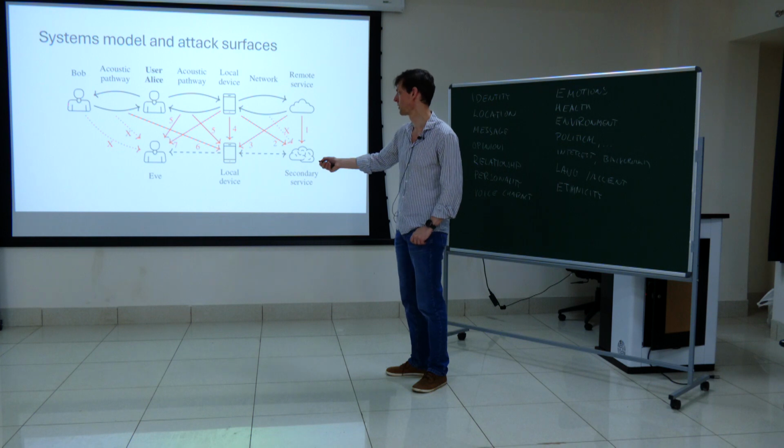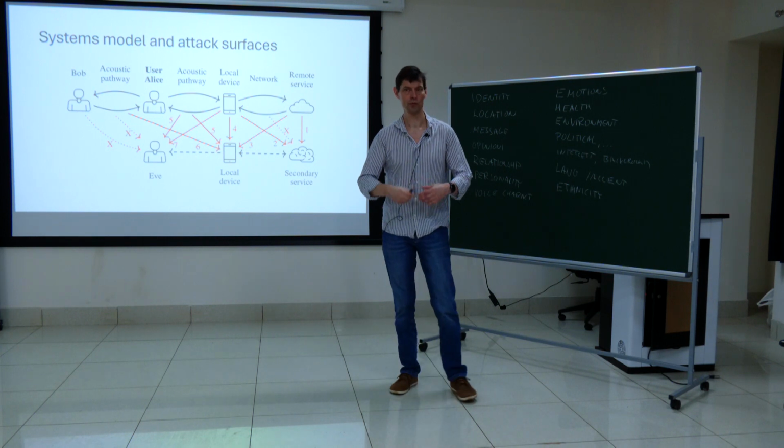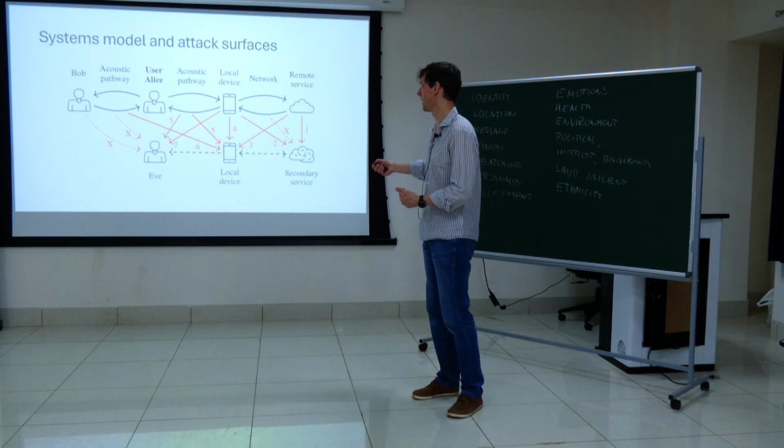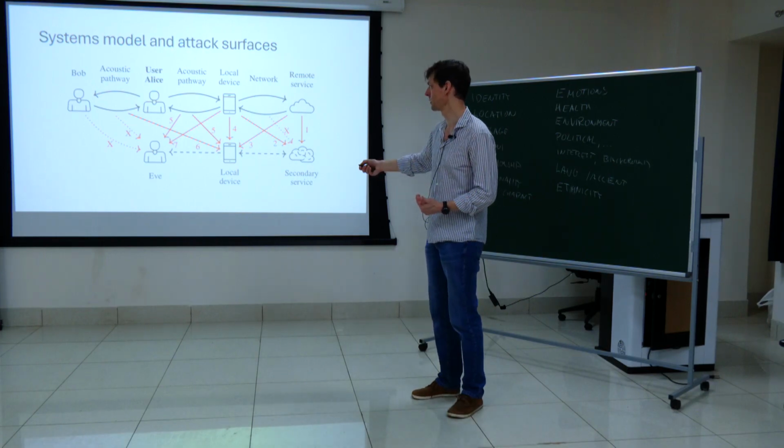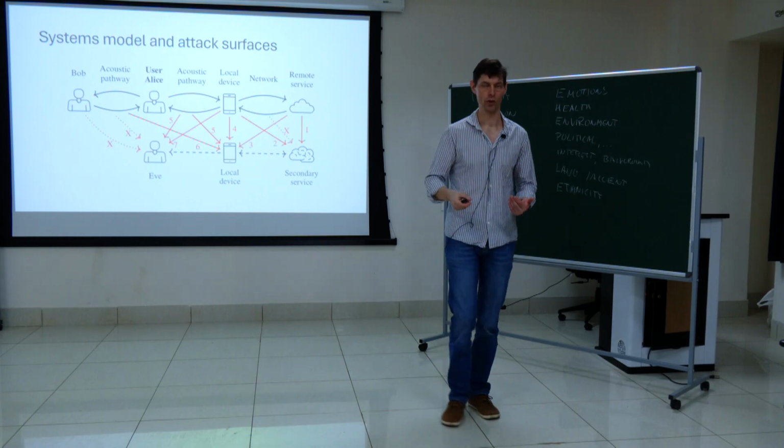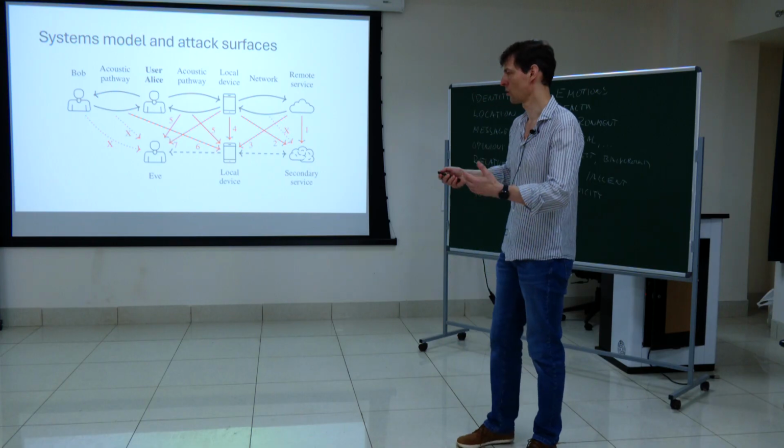This horizontal direction is the intended flow of information. That's what Alice wants to do. She might want to talk to Bob here, and there's information going back and forth between them, or she might want to interact with a local device, such as a phone or a smart TV or a home assistant.